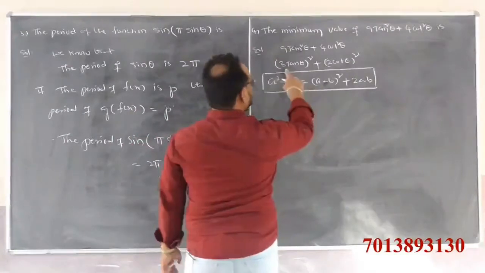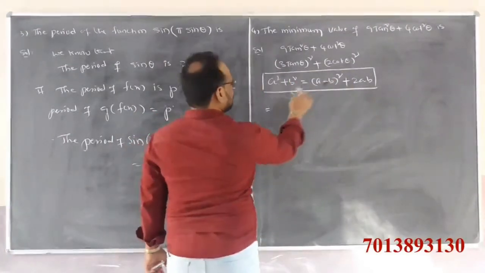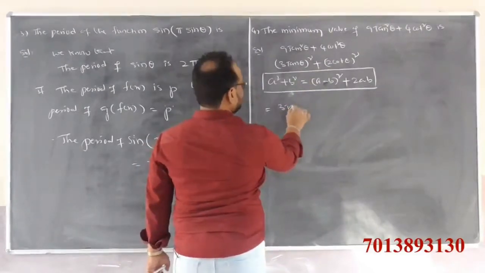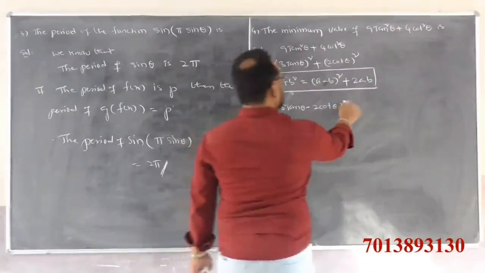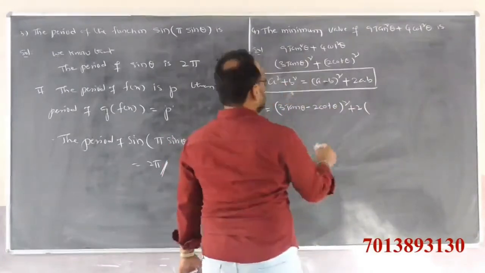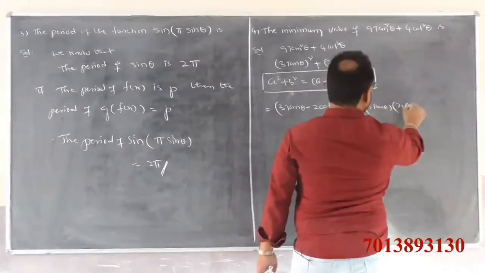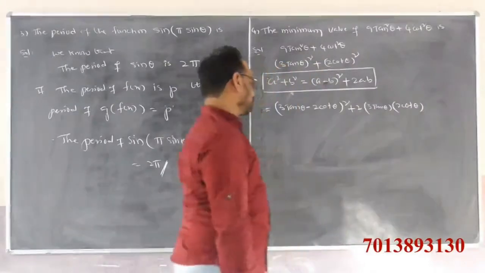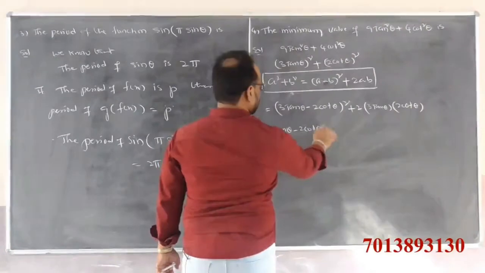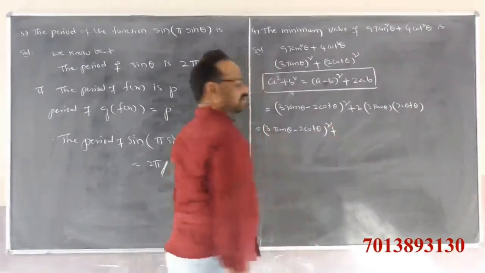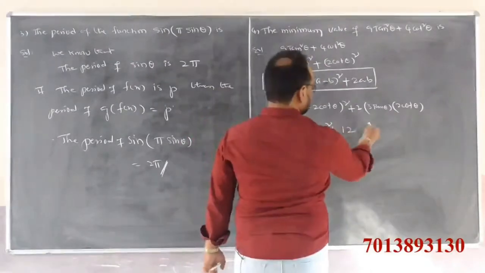Clearly the a value here is 3 tan theta and the b value is 2 cot theta. We get (3 tan theta minus 2 cot theta) whole square plus 2 into 3 tan theta into 2 cot theta. That is (3 tan theta minus 2 cot theta) whole square plus 2 times 3 times 2, that is 12, times tan theta into cot theta.